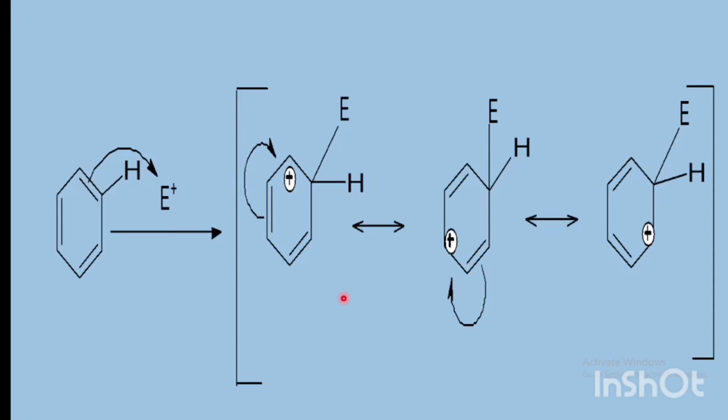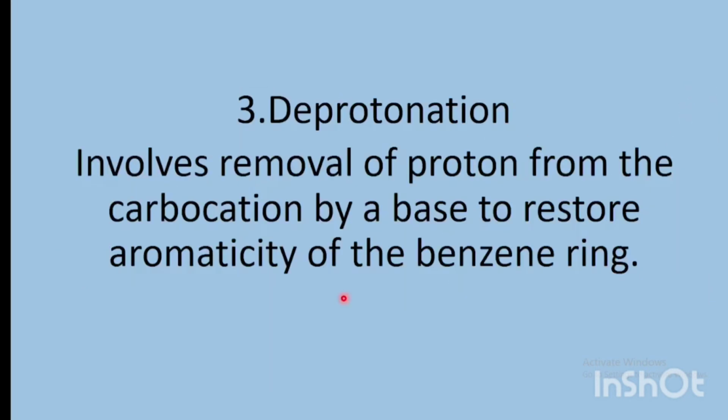Okay, let's go to step number three now. Step number three involves deprotonation. In this step, a proton from the carbocation is removed by a base to restore the aromaticity of the benzene ring. So this step is just about restoring the aromaticity of the benzene ring. Let's see how that is done.